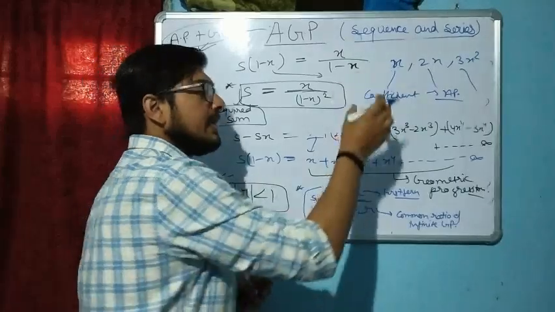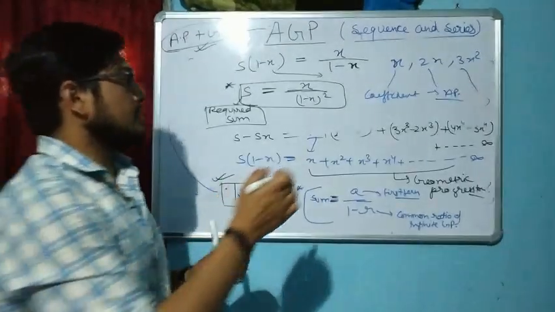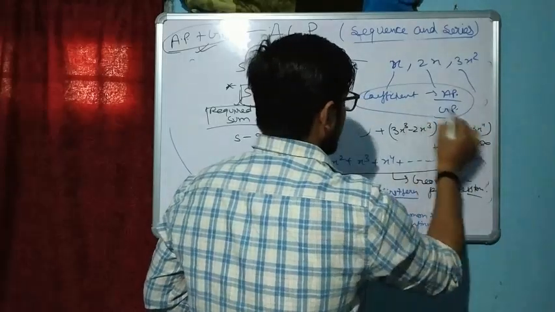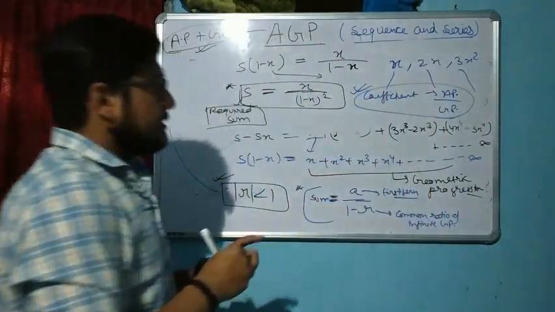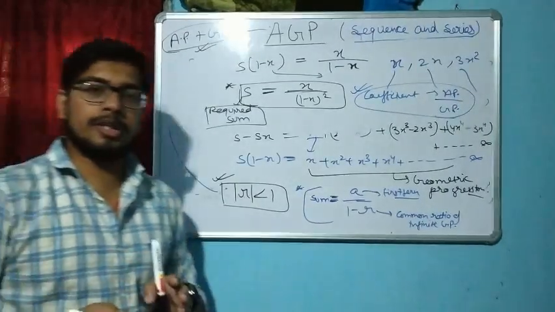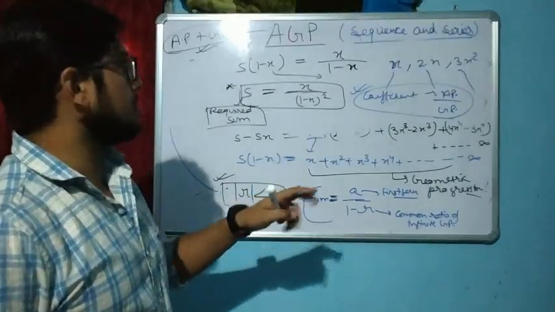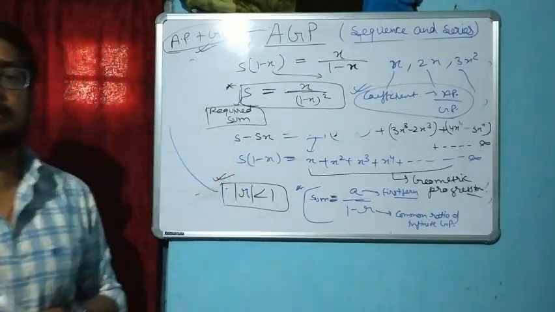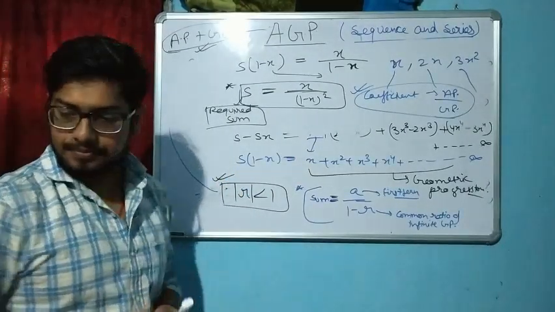So you need to split each term so as to find an AP and a GP. If you are able to find that each term consists of a term of an arithmetic progression and a geometric progression, then you can follow these simple steps in order to find the summation of an AGP.